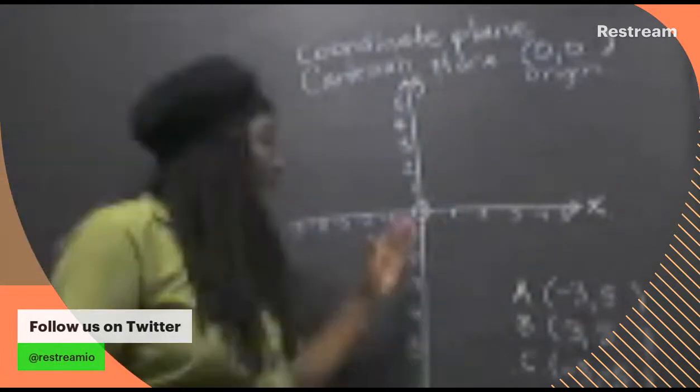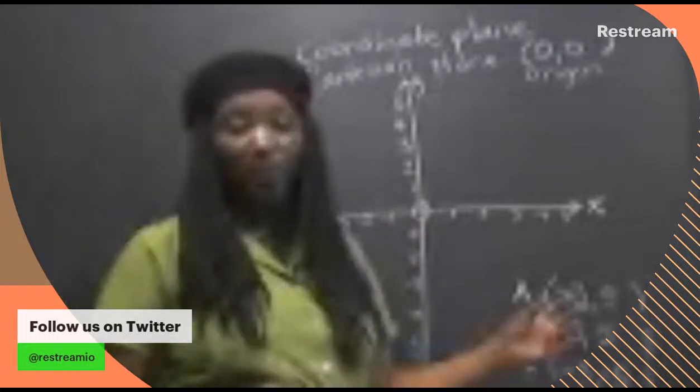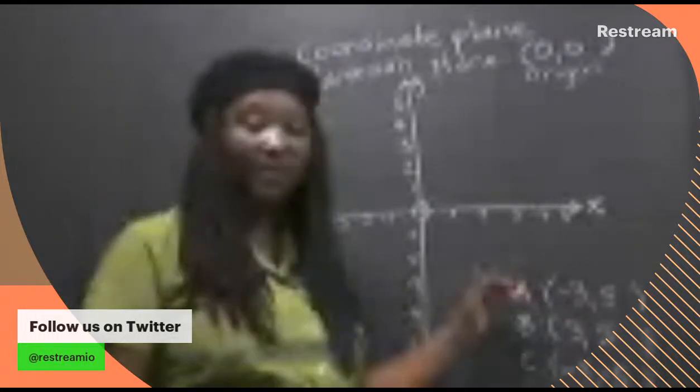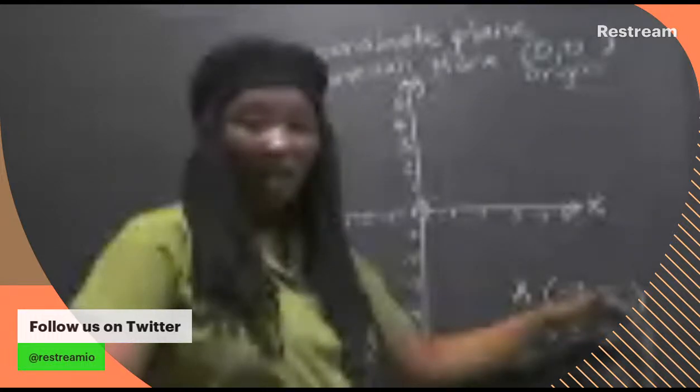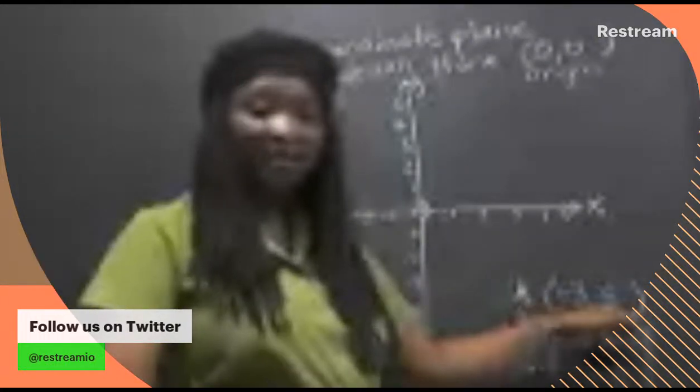For this exercise, though, just to show you where the points are, we use capital letters to represent the point. So point A, the coordinate, that means we're going to move negative 3 on the x-axis, 5 on the y-axis.